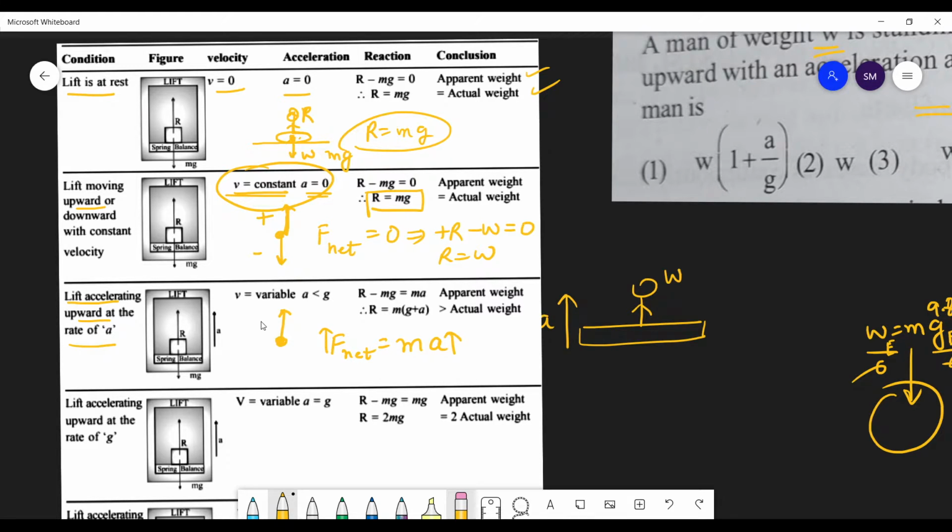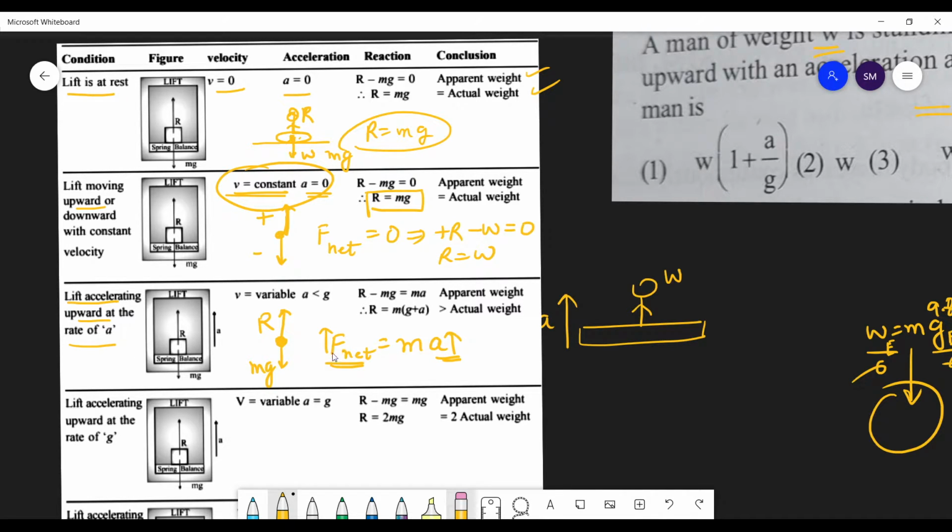So what is the force in the upward direction? R. What is the force in the downward direction? Mg. So which one is greater? Tell me. R or mg? See, you are moving upward with acceleration A. It means net force is acting in the upward direction, because force and acceleration are in the same direction.